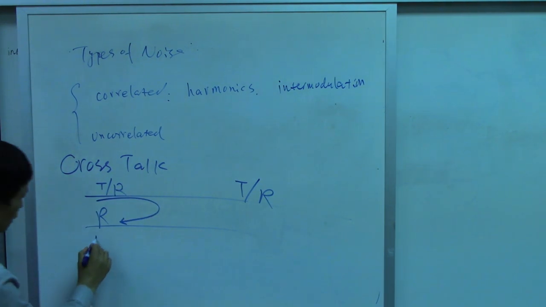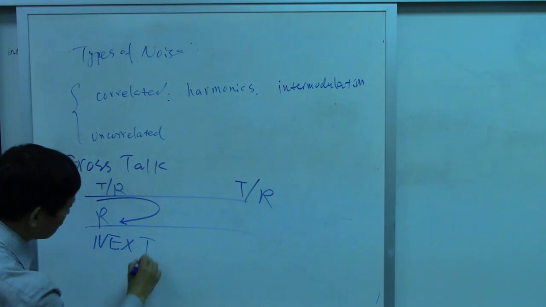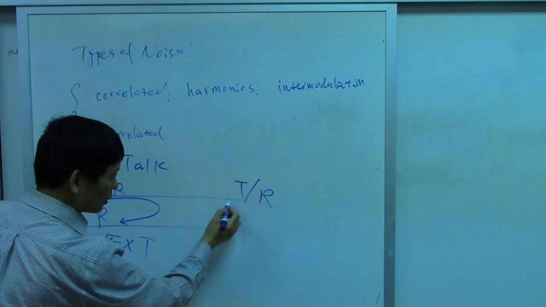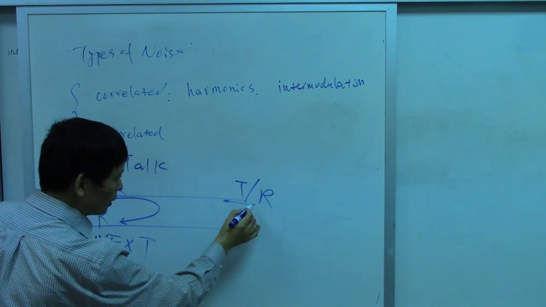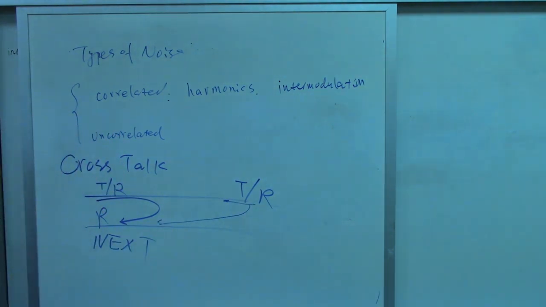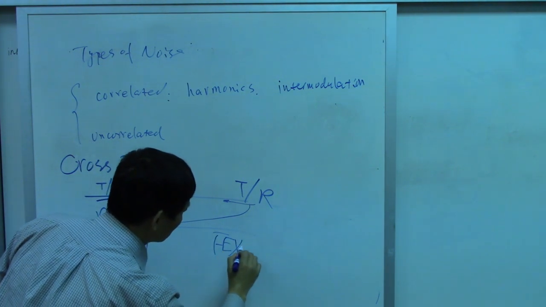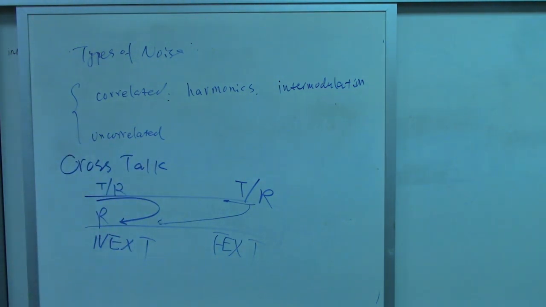This is called the near end crosstalk, because this is at the transmitter side. The signal transmitted here may leak to this way also. This is called the far end crosstalk. Both are not what we want. Both are noise.